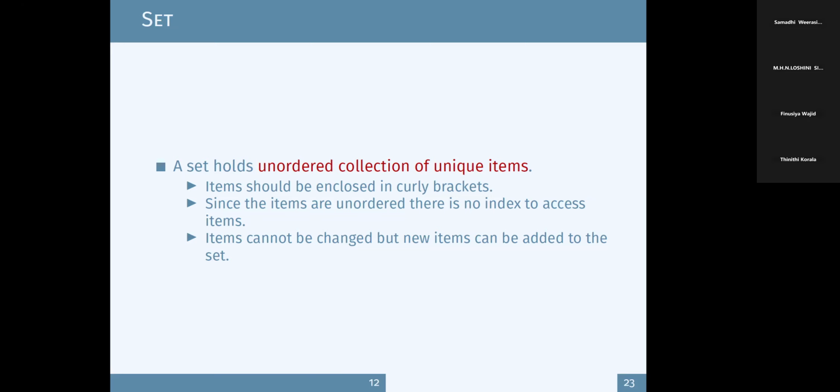It's random actually. It uses curly brackets. Remember, list uses square brackets, tuple uses round brackets, and here we use curly brackets. And there's no index, because there's no order. You cannot change items, but you can add items. Okay, so let's see with an example how sets work.